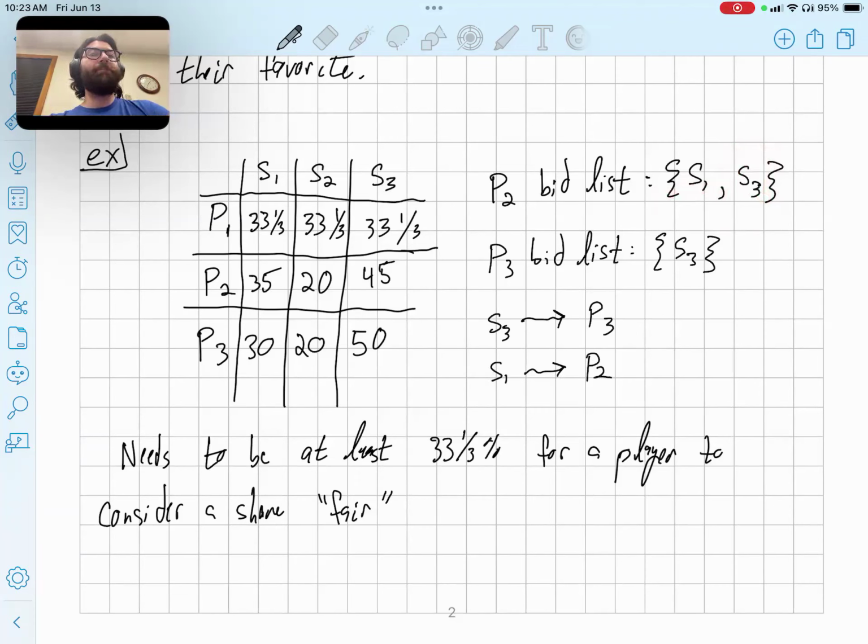And finally, neither P2 nor P3 bid on S2. Neither of them want it, but it's the only share left, and the divider is perfectly happy with it. So S2 goes to P1. Okay, and so here is a fair division.